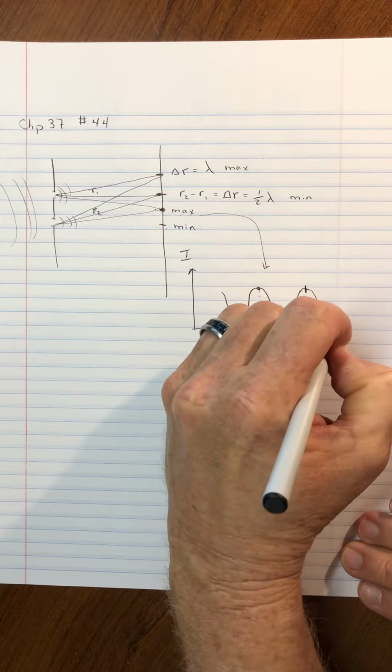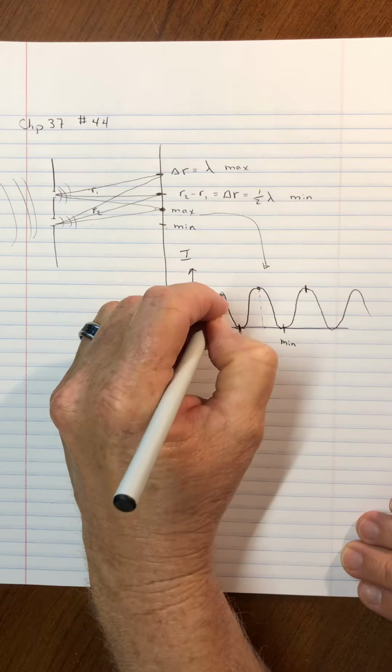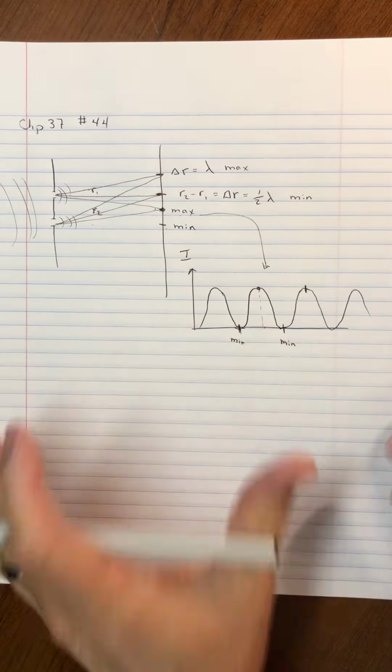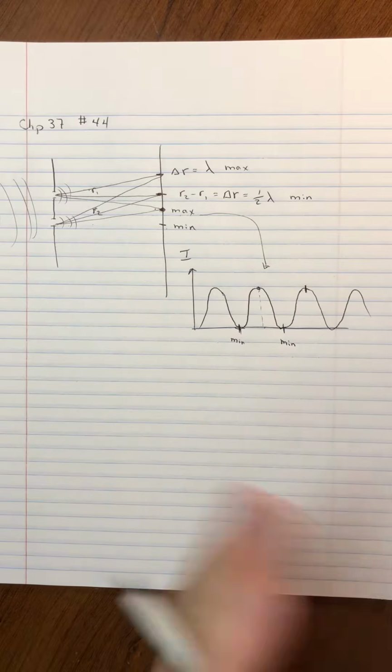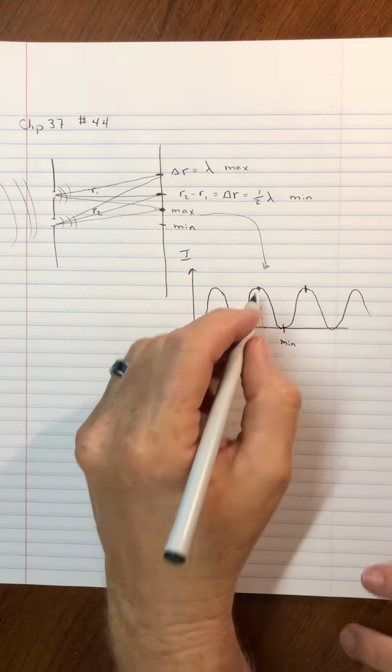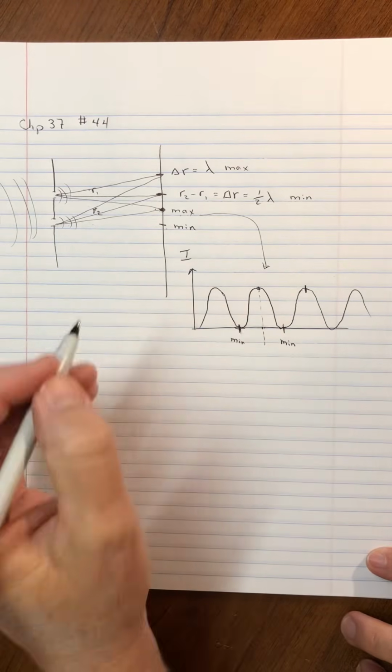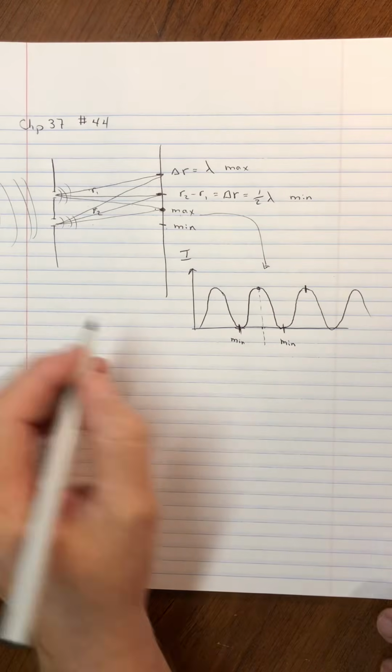And so this is Young's double slit. And so you need to understand that first before this problem even makes any sense. And so, why do we get this constructive and destructive interference?